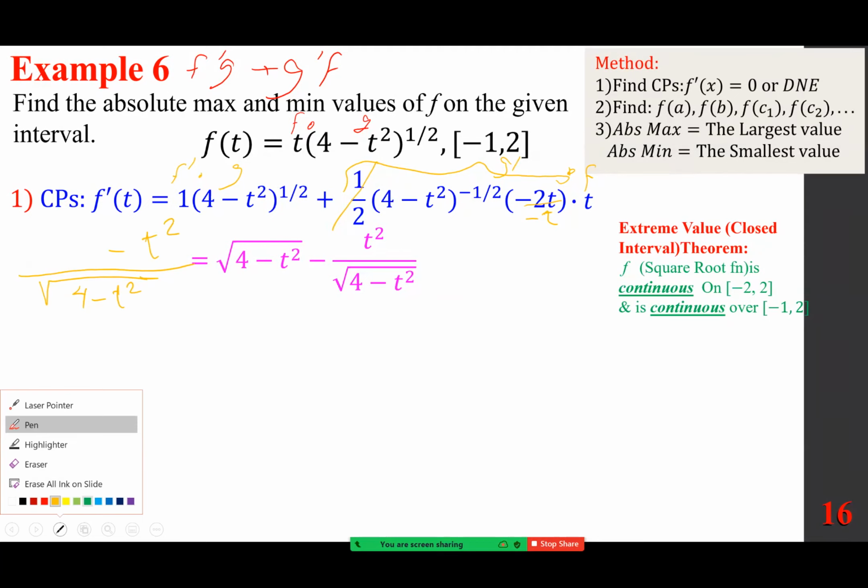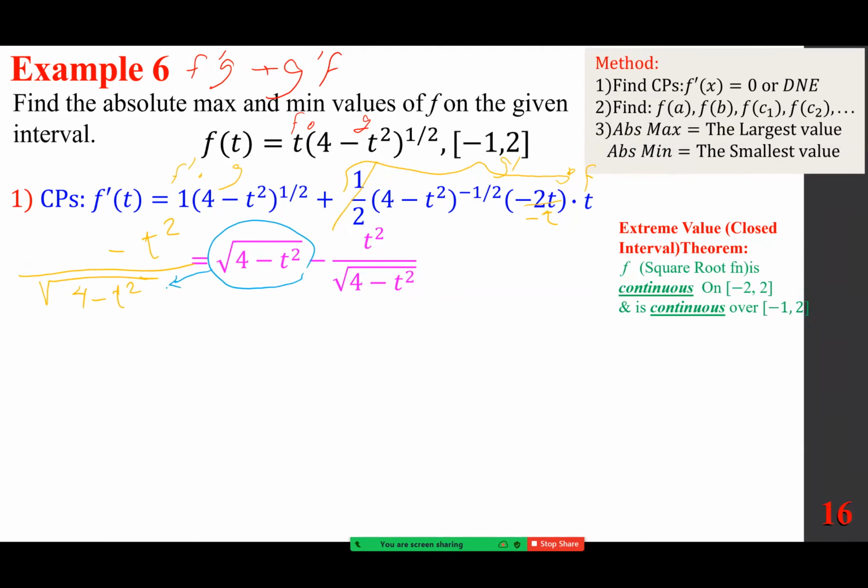But what happens to this piece? This piece gets multiplied by this piece. I hope you see that, because you want to raise it by a factor of square root of 4 minus t squared. When you multiply, it just comes out as 4 minus t squared. And we can combine these two into minus 2t squared. So that's how we combine.